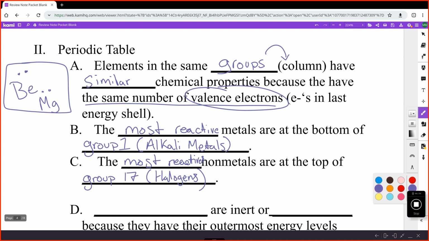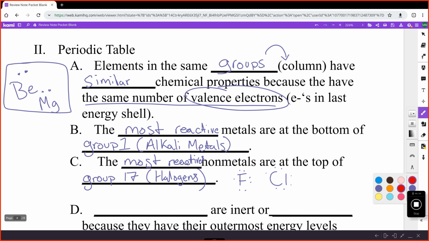Halogens are the most reactive nonmetals because, similarly but opposite, their valence electrons are at 7. So their goal would be to just gain 1. And because they only need to gain 1, and they're very good at gaining them, they tend to be very, very reactive.